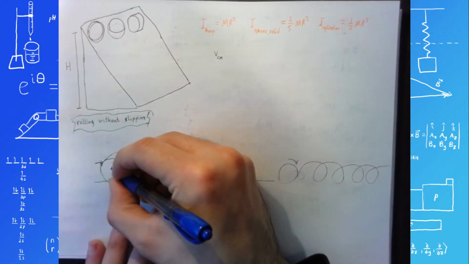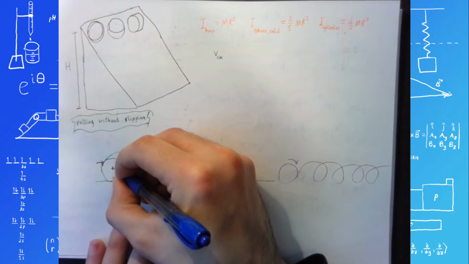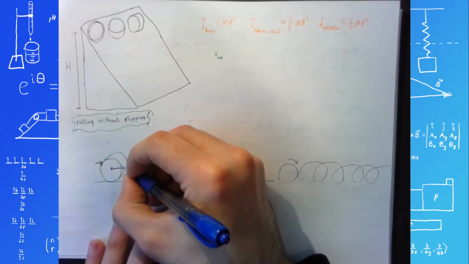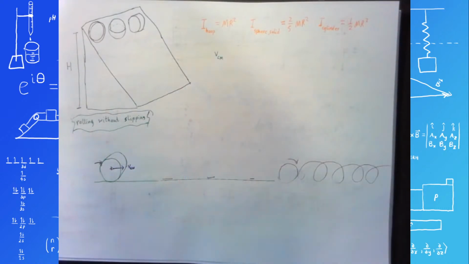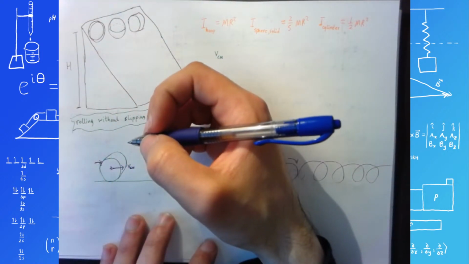So rolling without slipping occurs when the velocity of an object's center of mass is equal to the tangential velocity on the rim of the rolling object.